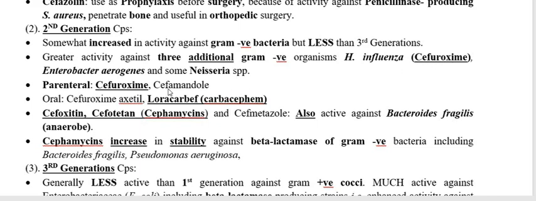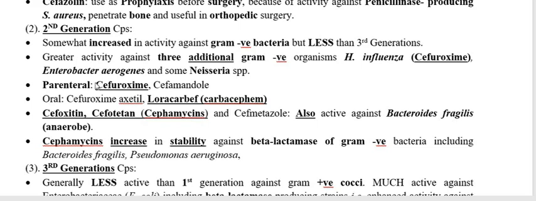Second generation cephalosporins that are widely used are cefuroxime and cefamandole. Cefuroxime is important because it is also used for the therapy of meningitis, and it is given parenterally. But when you add axetil, it becomes an oral preparation.